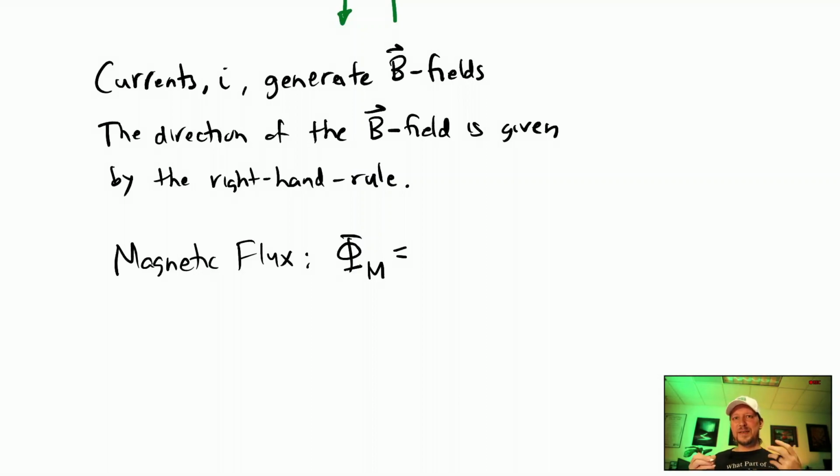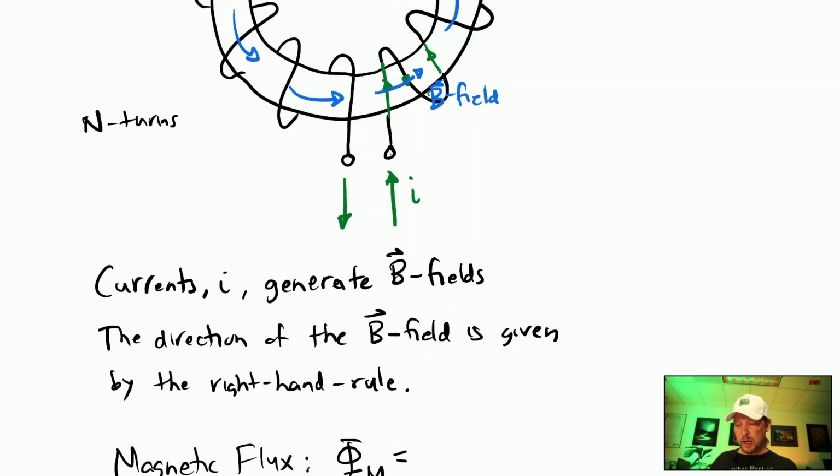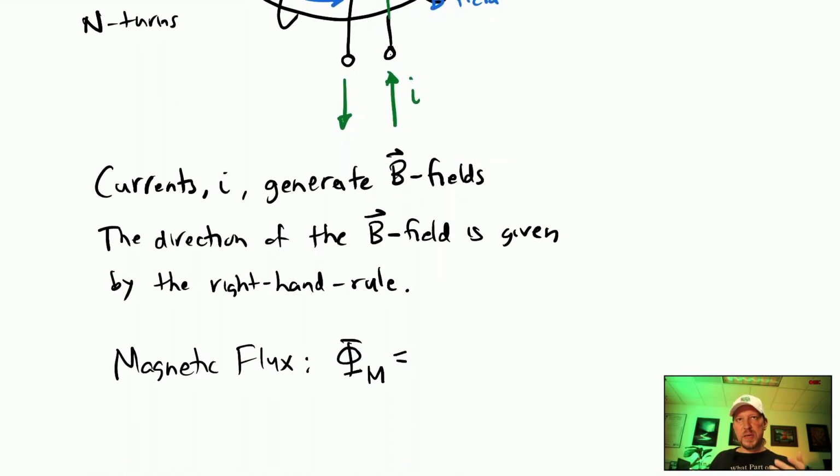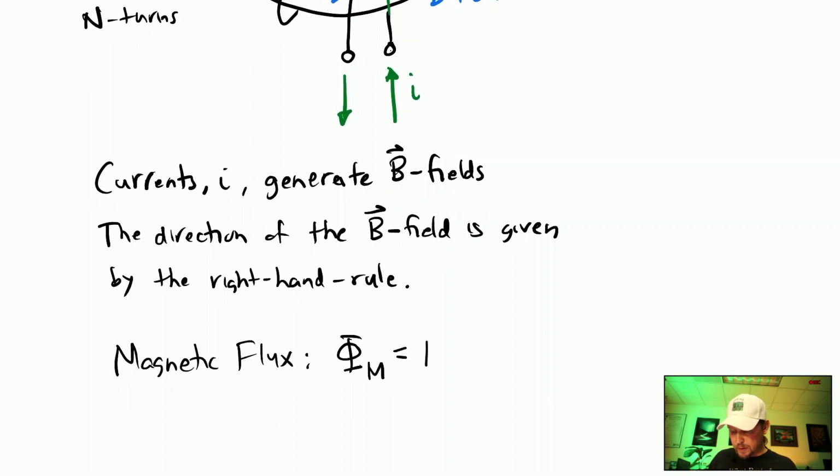In its simplest form, it's a measure of how much of that magnetic field is penetrating through the surface area of the coils themselves. And in this particular case, notice that the coil is tightly wound with the cross-sectional area A. And if B is the magnitude of the magnetic field, then the total magnetic flux going through one section of the coils is B times A.